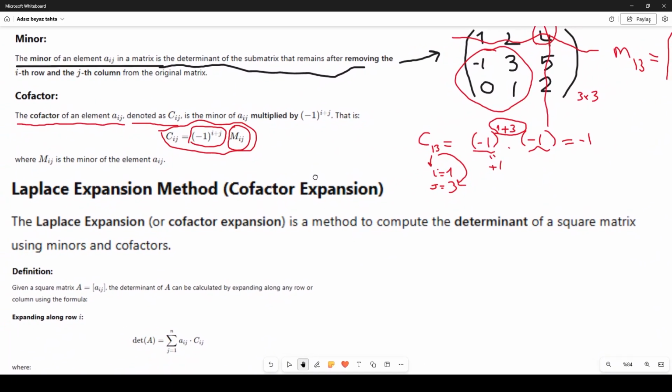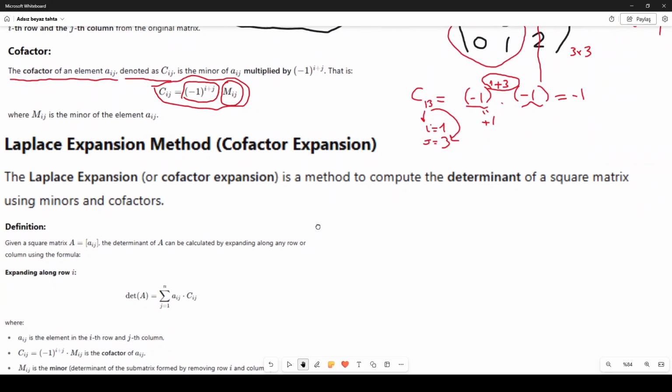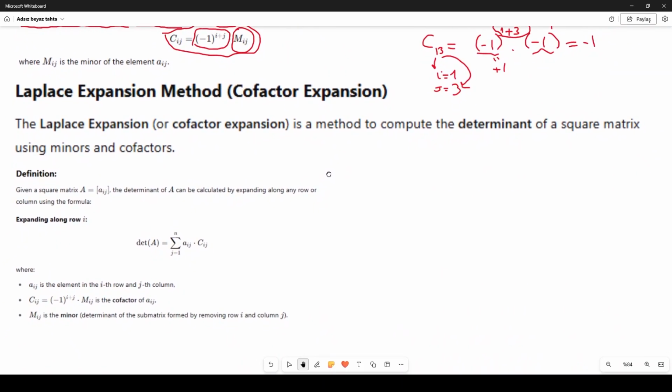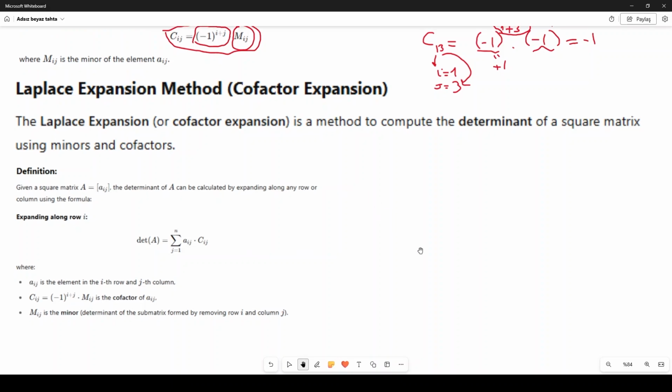And having learned that, now we know what minor is, what cofactor is, and now we can explain what the Laplace expansion method or cofactor expansion method is. I can interchangeably use this method by saying Laplace or cofactor expansion method. These are the same, so no difference.